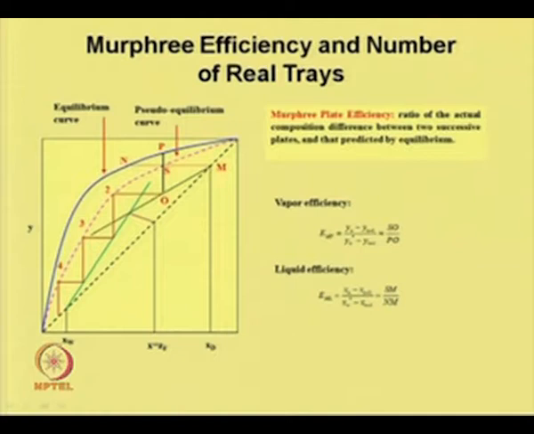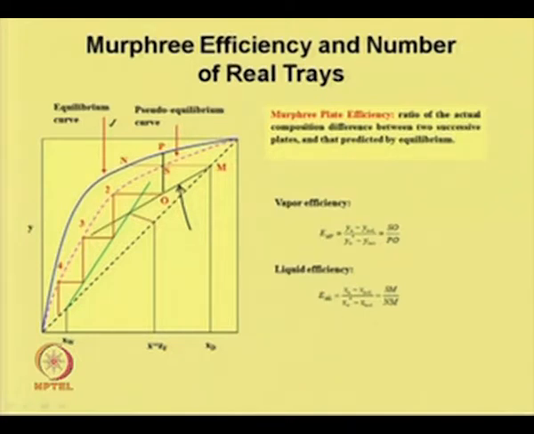This is the operating line and this is the actual equilibrium line, and the ratio of SO by PO is the vapor efficiency.